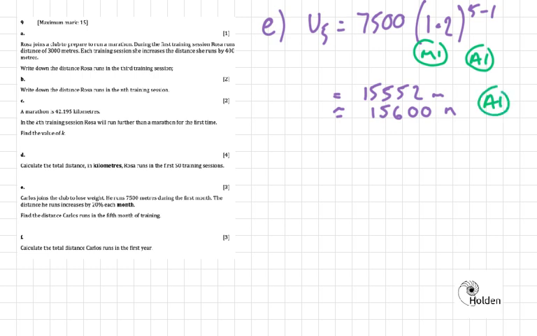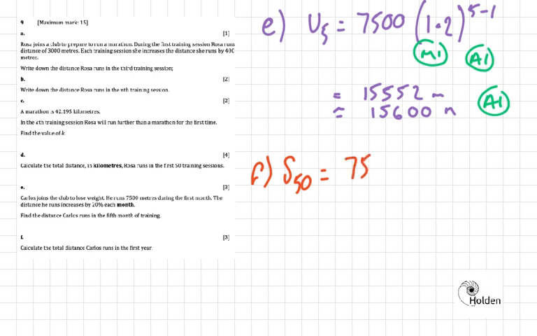And last but not least, calculate the total distance Carlos runs in a year. So we're looking at the sum of a geometric sequence. So now we're F, and we're going to have S12 equal to, there are 2 formulas for this one. I'm going to go with the first one because it just makes sure my numbers are not negative.